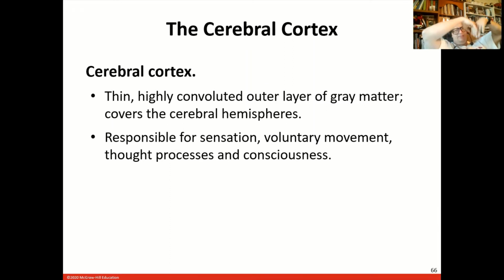The little invaginations that go down in, those are called sulci. But the gray matter in the brain, you remember the spinal cord? We had the white matter on the outside and the gray matter on the inside. Think opposite in the brain. The cerebral cortex is where we do sensation, control our skeletal muscles, thought, all that jazz.